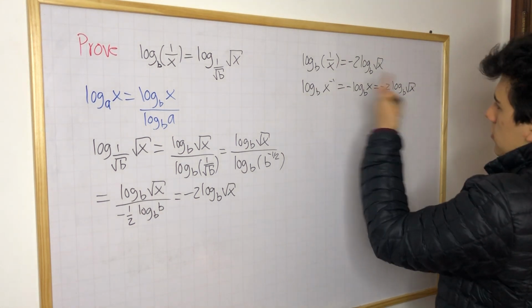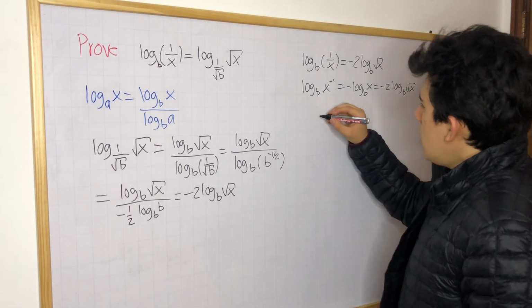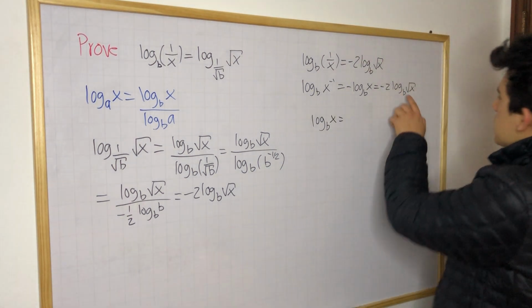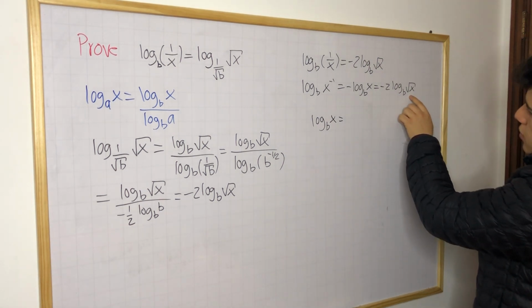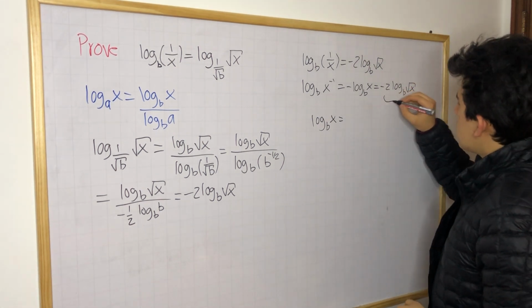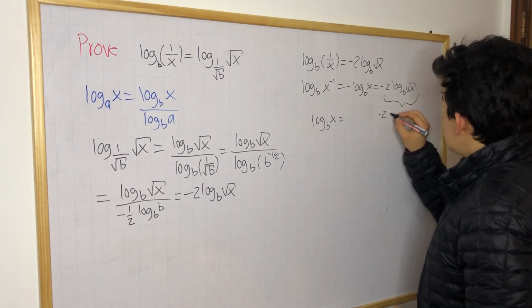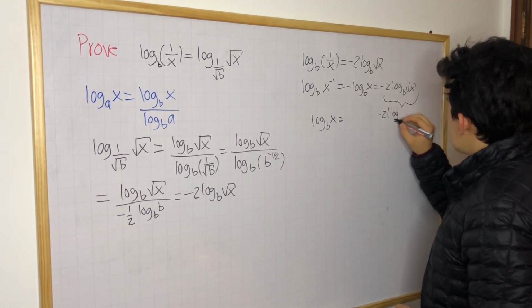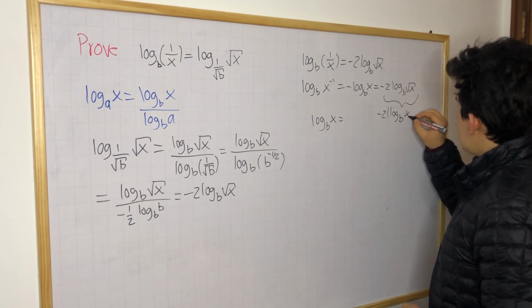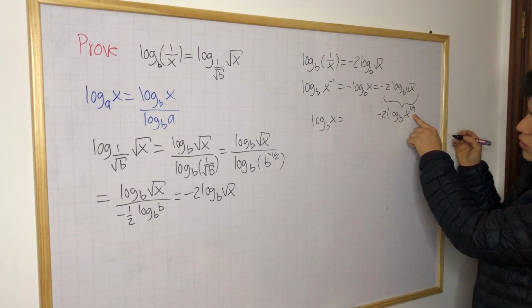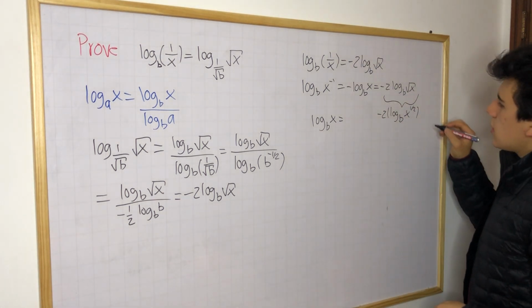So now the two negatives, you can take them out, and log base b of x should be equal to this. Now square root x is the same as x to the 1 over 2 power, so we have minus 2 times log base b of x to the 1 over 2.